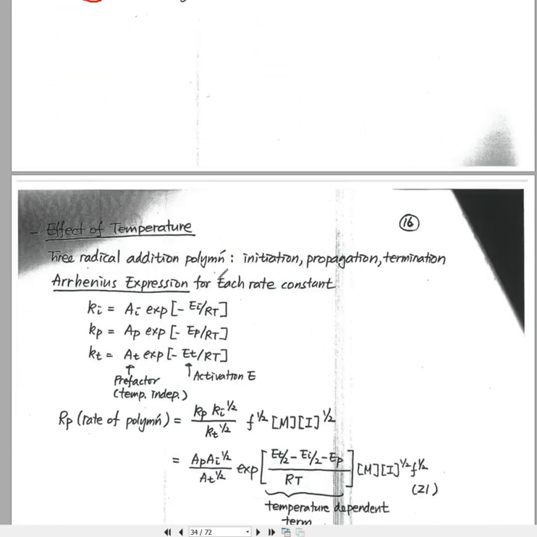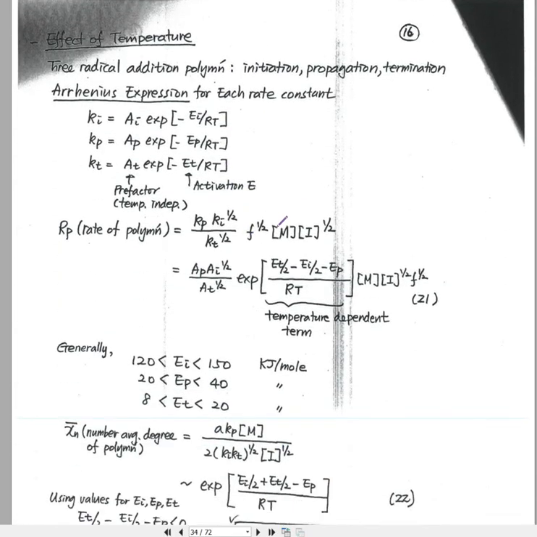Alright, let's move on to the effect of temperature in free radical polymerization. We learned that there are 3 steps in free radical addition polymerization: initiation, propagation, termination. And each step had a rate law, remember? For initiation, the rate constant was Ki. For propagation, Kp. For termination, Kt.